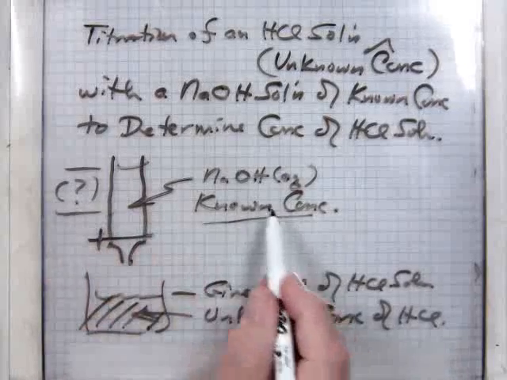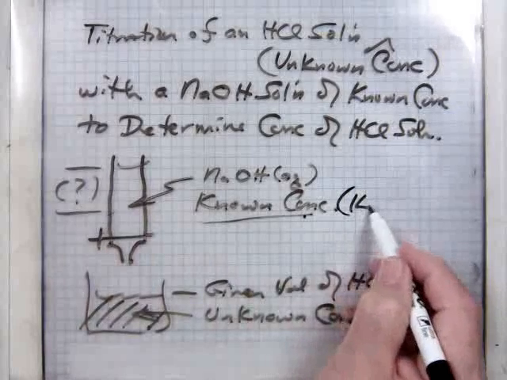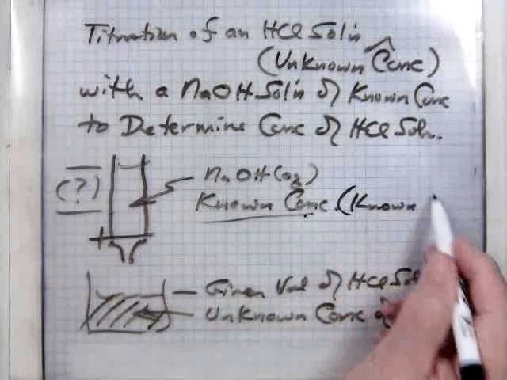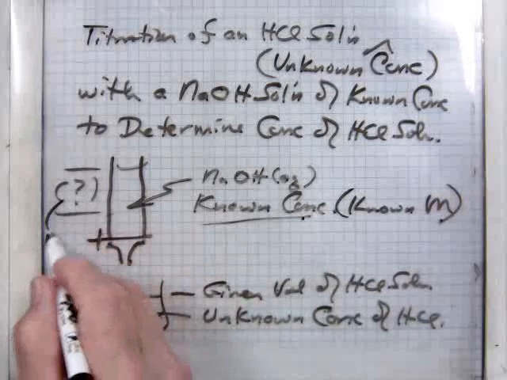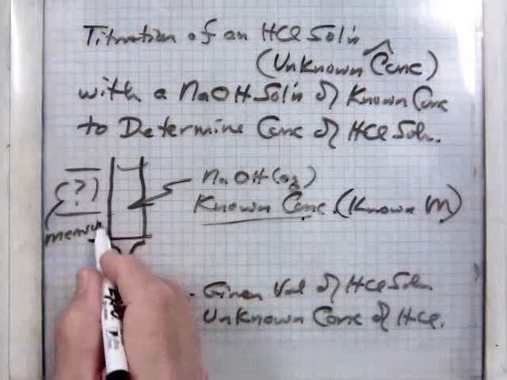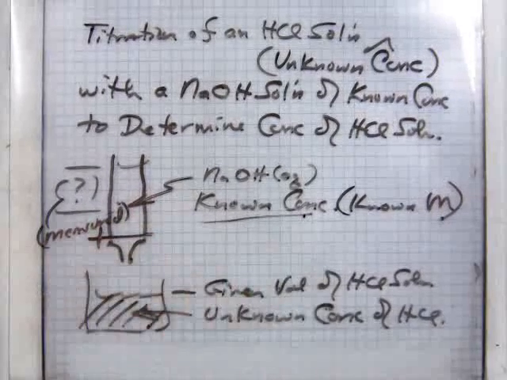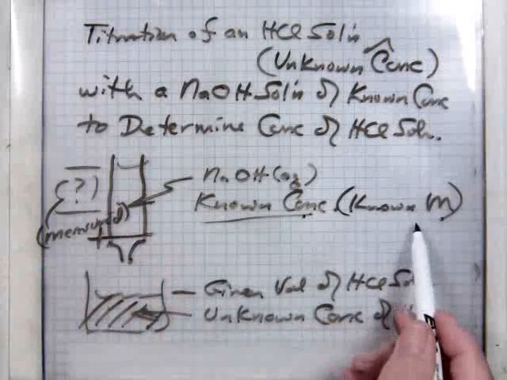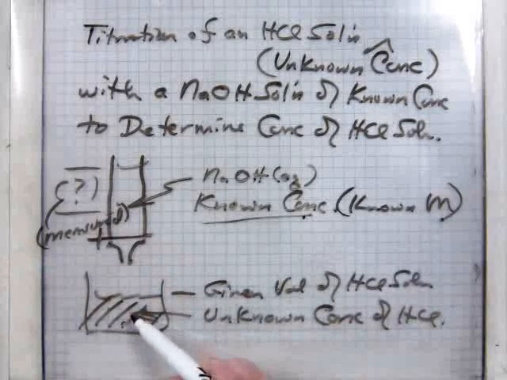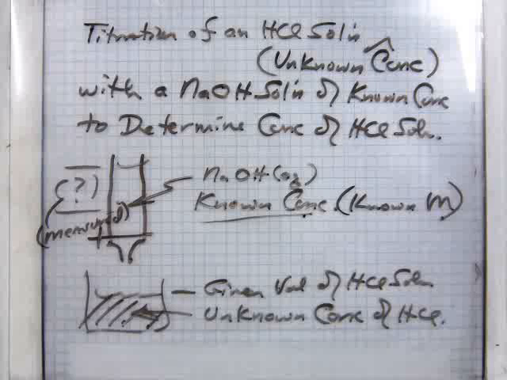Molarity, you're given. Known molarity. And if you measure the volume of sodium hydroxide solution expressed in liters, times that will tell you the moles that you neutralized. See that? Because molarity times volume is moles. Okay?